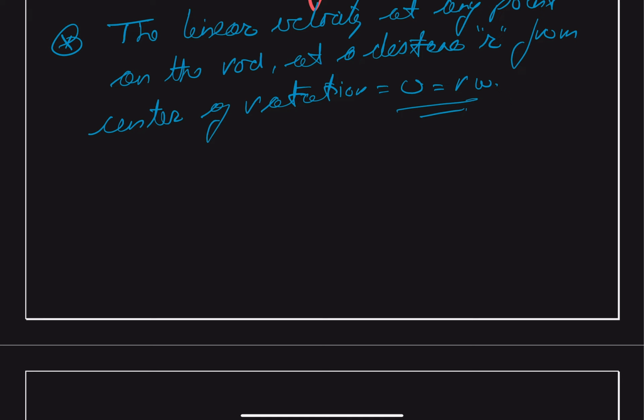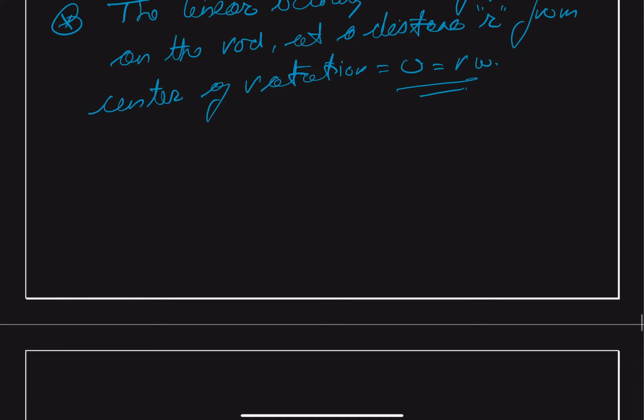And if we consider this is our rod and this is our fixed point. So this is our 2L and this length is given as L, and we have considered the linear velocity at any point.